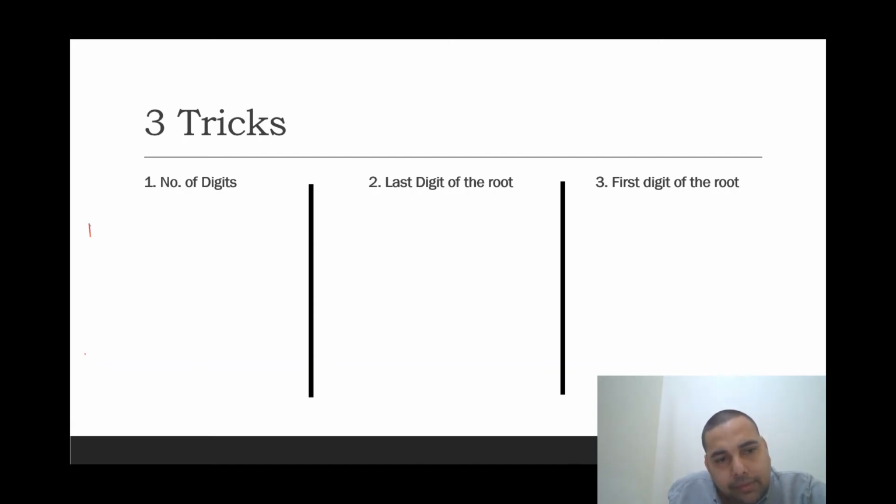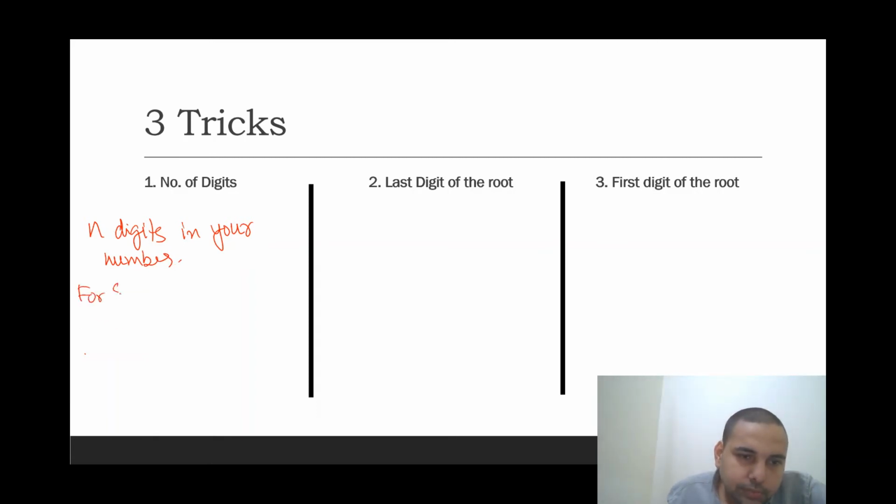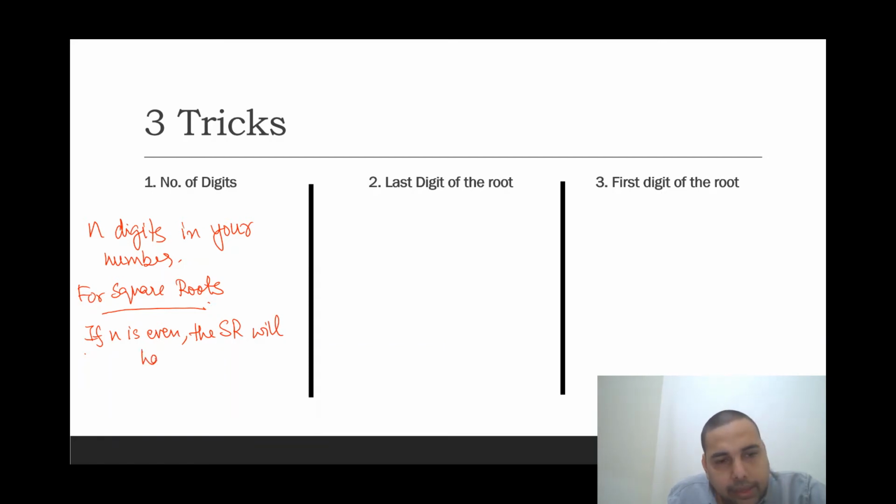Suppose if you have n digits in your number, okay, for square roots, if n is even, the square root, I'll write that as SR, will have n by 2 digits.